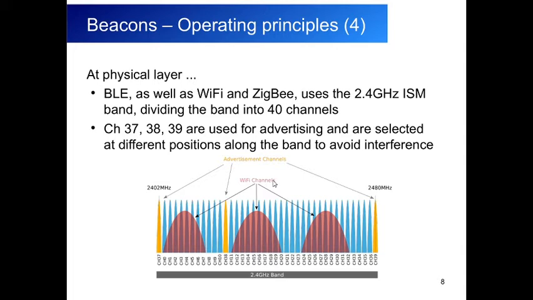You know that close radio signals can interfere, and so here they are placed in positions so that they are not interfering with each other. You can also see in the picture that there are some specific ranges that are covered by Wi-Fi channels as well.